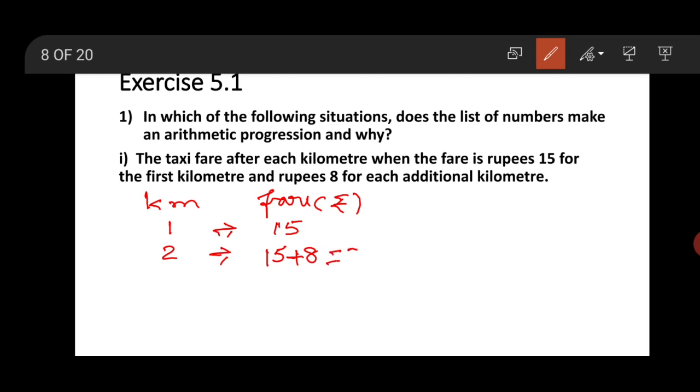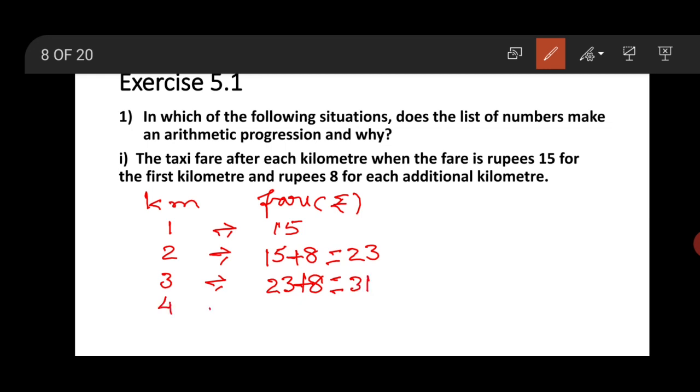So it becomes 23. Again, for the third kilometer, the previous fare up to 2 kilometers is 23, and add again 8 rupees. Now what is the answer? 31 rupees.